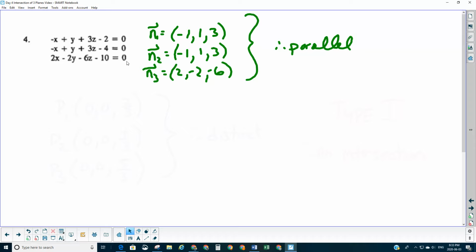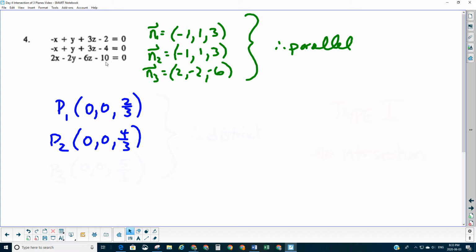So you need to find the z-intercept for each of these to make sure they are distinct. This one is exactly like the one that we did before. So if I go 0, 0, and I bring this across, it'll be a 2, and divide by 3 is positive 2 over 3. The next two, again, you bring that across as a 4, divide by 3, that would be 4/3. And this one, I think I can still do in my head.